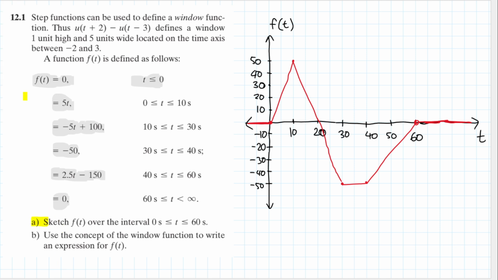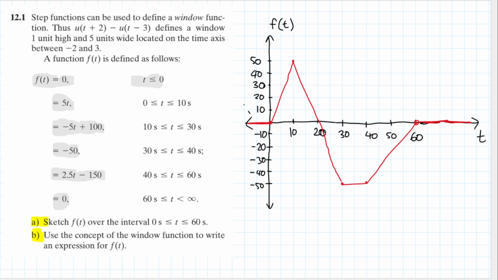So this is done. And now we need to solve problem B. Use the concept of the window function to write an expression for f(t). For this, I need to label the slope of this function.